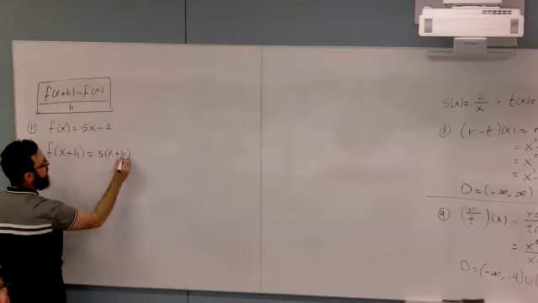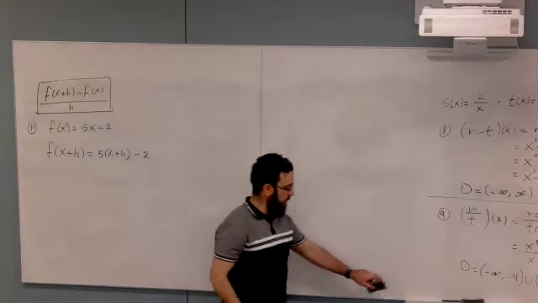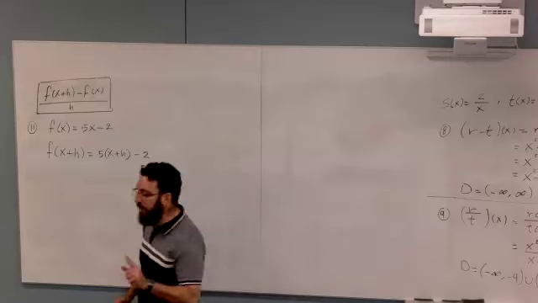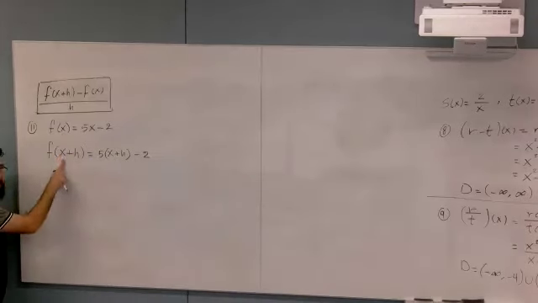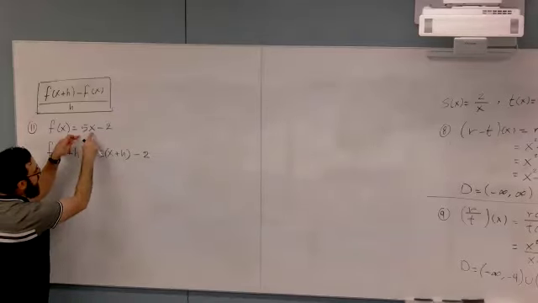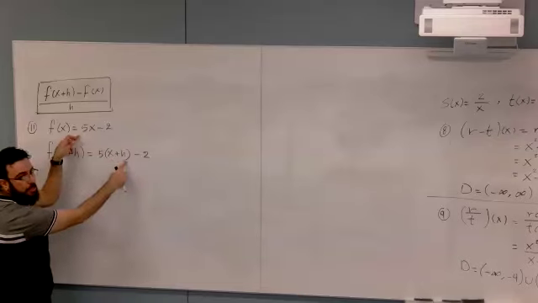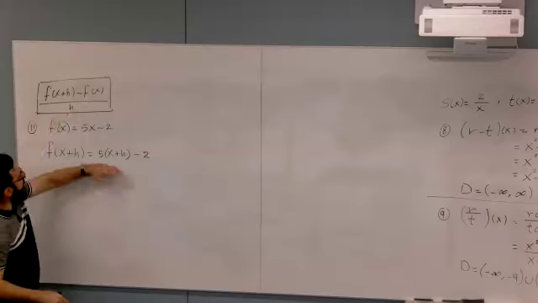So here is the 5 and here is the 2. You got the idea what I did? Instead of each x, I put what? x plus h. So I'm going to go to the other side. Instead of each x, I'll have to put x plus h. Now, can I go back and plug in everything here?